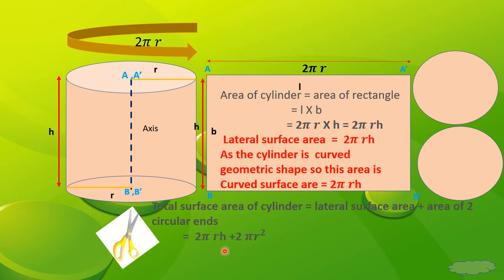Now 2 pi and r are common in both terms, so take 2 pi r common, and inside the bracket the rest of the quantities are h plus r. So the total surface area of the cylinder is 2 pi r into r plus h. Now we have generated the formula: curved surface area of the cylinder is 2 pi r h, and the total surface area of the cylinder is 2 pi r into r plus h.